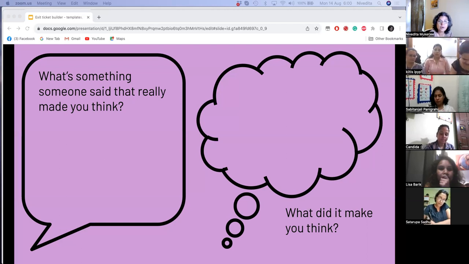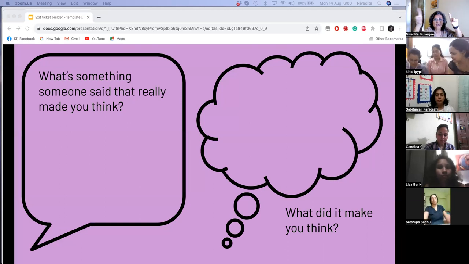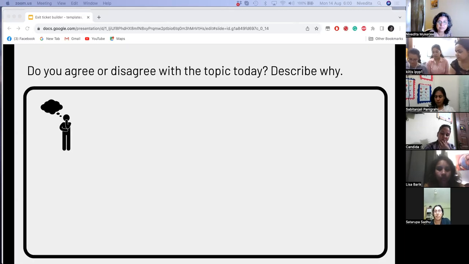And it's not necessary that you print them out. You can ask them to draw it in their notebook, like on 2 sheets of the notebook, left and right. They write something someone said that really made them think, and what it made them think. They can draw this in their notebook and take it as homework and bring it the next day.